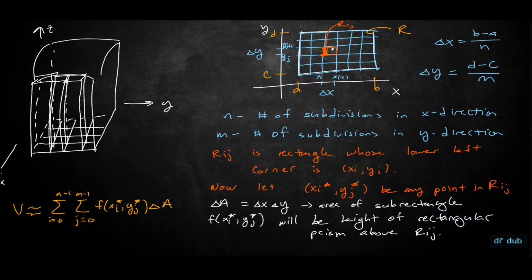Because this multiplication here is basically the volume, delta volume, over each small prism. And you add all the volumes of all the little prisms together to approximate the volume under the surface above this rectangle.